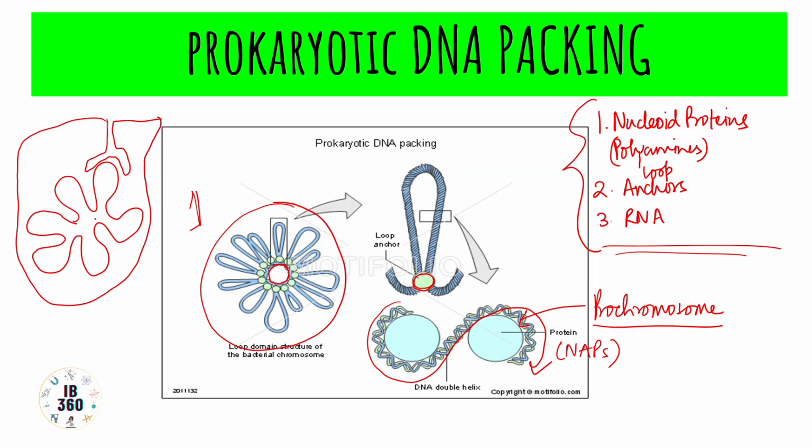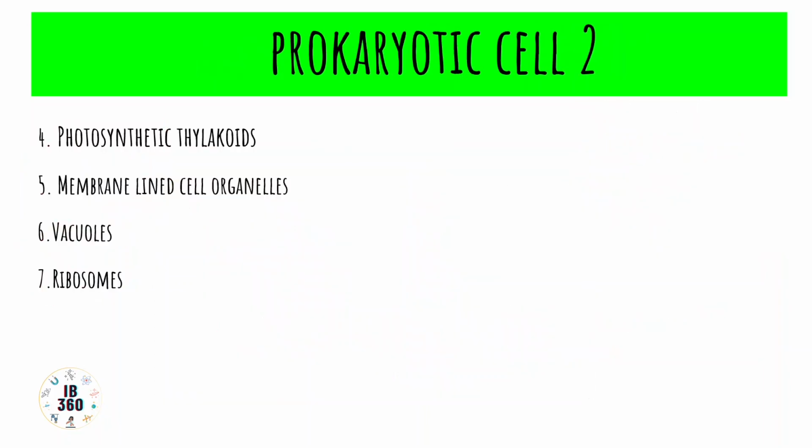So this is the flower-like arrangement, and at the bending regions only the anchor loops are mainly present, as you can see. So these are the three important structures for DNA packaging. And these are the other characters of the prokaryotic cell.